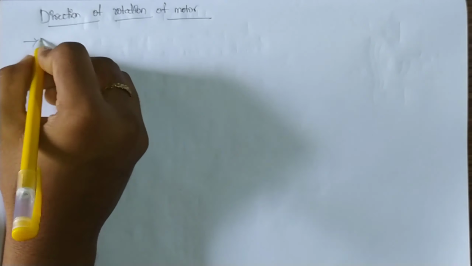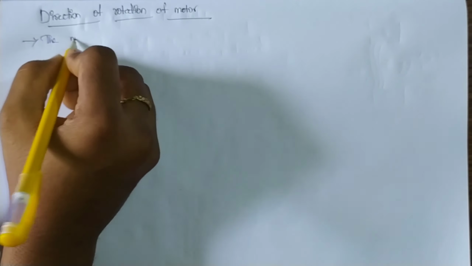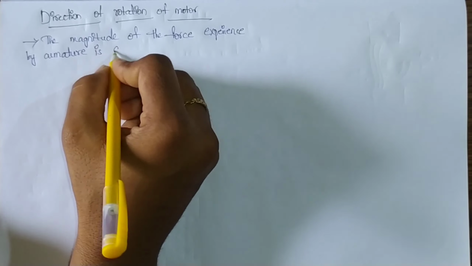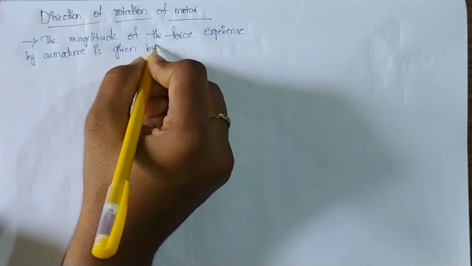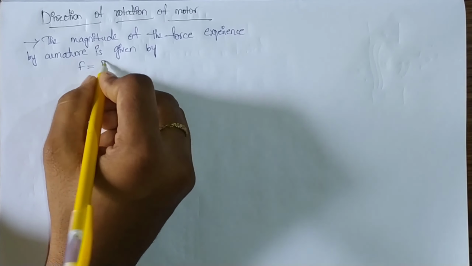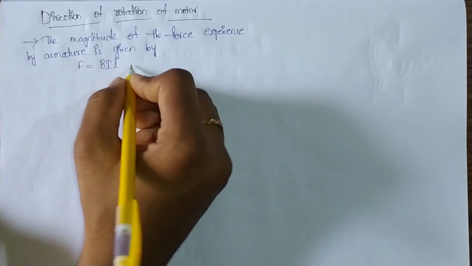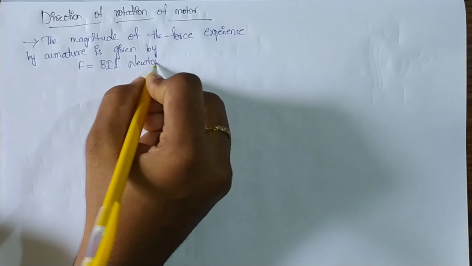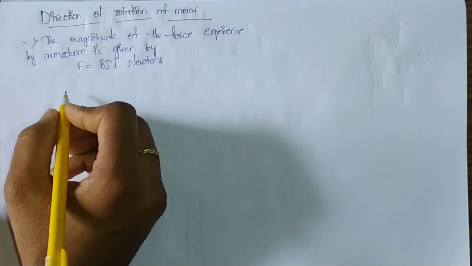Before going to that, the magnitude of the force experienced by the armature is given by F equal to BIL newtons. This is the force formula.